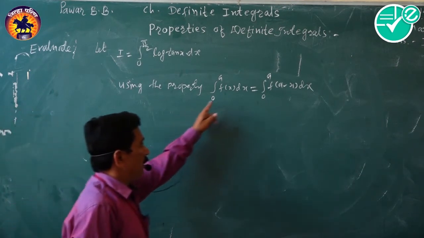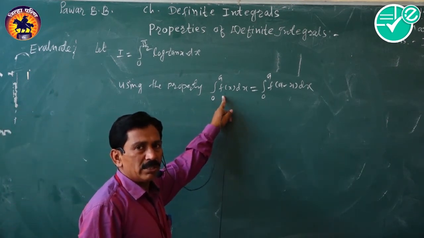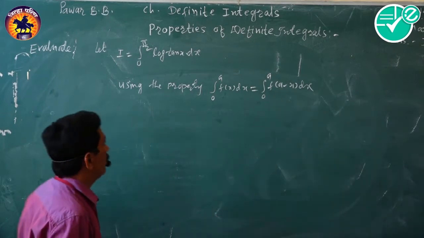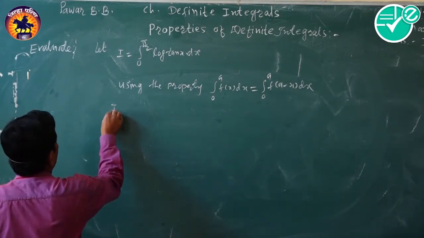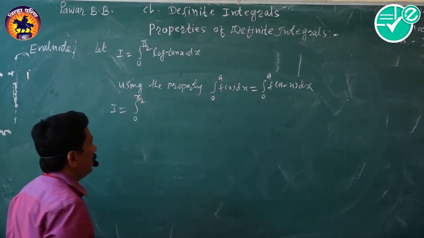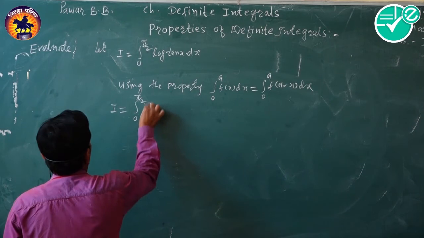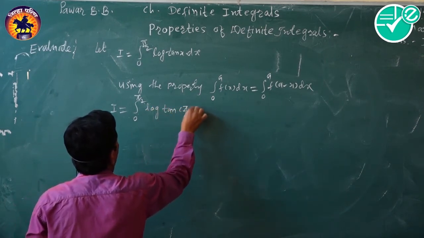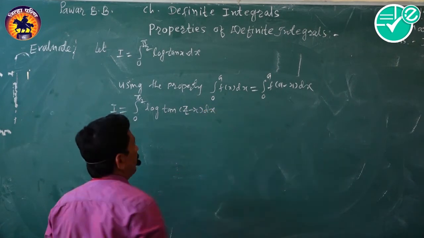Using this property, 0 to a f of x dx is equal to 0 to a f of a minus x dx, and therefore I becomes integration from 0 to pi by 2 log of tan of (pi by 2 minus x) into dx.